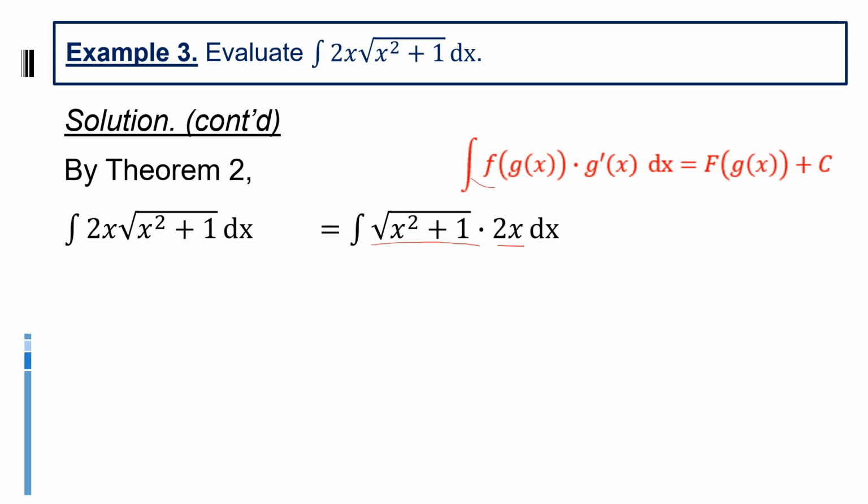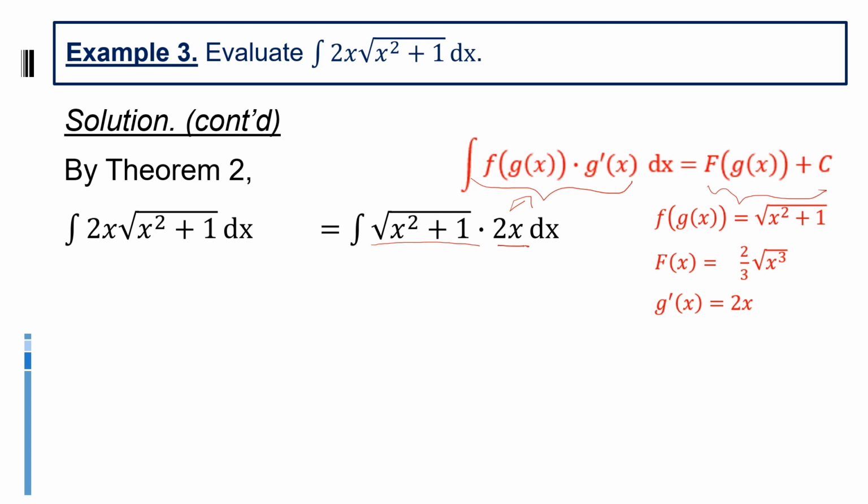Why? So that it will look like the theorem, since g prime of x is 2x and f circle g of x is square root of x squared plus 1. So since it now looks like it, we can use our theorem number 2.